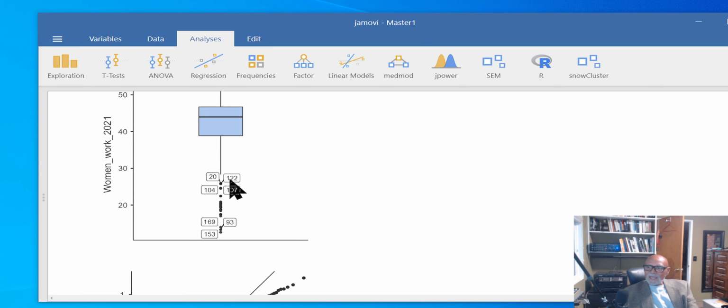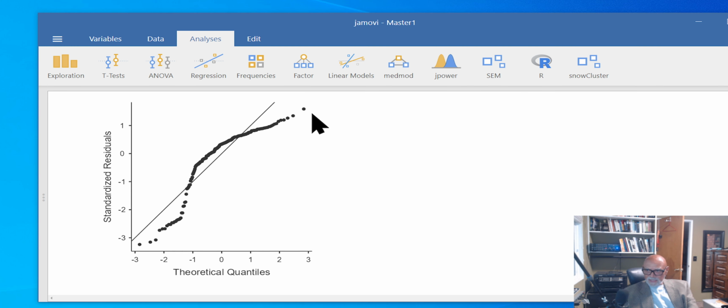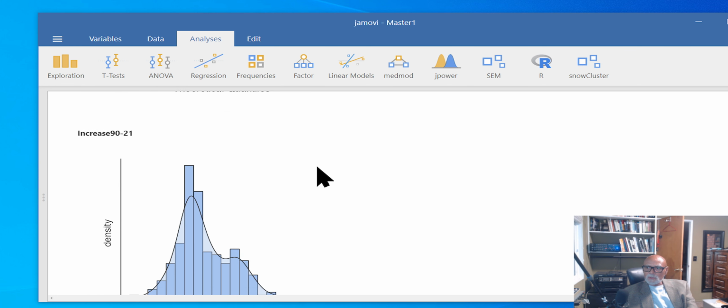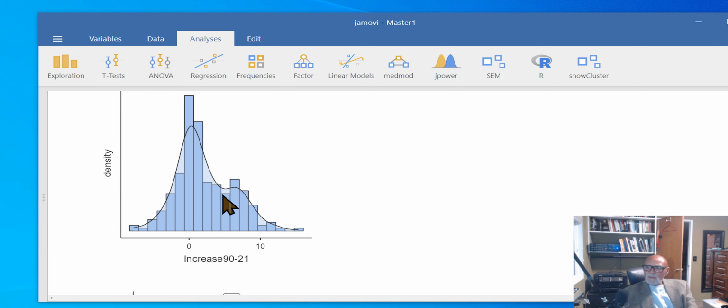And here are the outliers. Here's our interquartile range there in the blue. And you can see again, the QQ plot shows that we have something less than a normal distribution. And here again, we will look at the increase in the crude birth rate. This one is closer to being normal, more symmetric, where 0 is the largest.